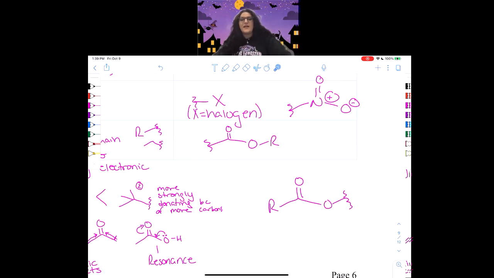So if we have an ester and the carbonyl side is attached to the molecule such that it looks like this, that is an electron withdrawing group, because the carbonyl is going to take all the electrons for itself. It will not donate at all.